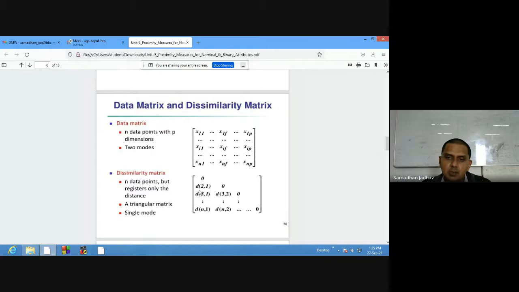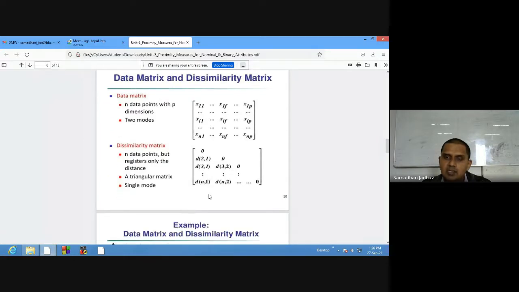Now this is d21, the dissimilarity of object 2 with 1. Then d31 is the dissimilarity of object 3 with object 1. Then 3 with 2. Similarly n with 1, n with 2, and so on. So this is the example of a dissimilarity matrix. Now we are going to find out dissimilarity, and we will enter that dissimilarity in this dissimilarity matrix.